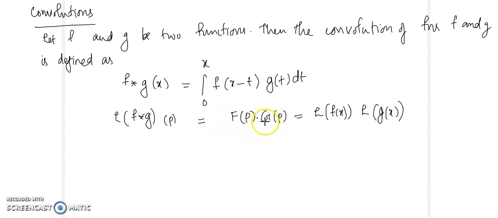And again we will start with f of p into g of p. Then we will show that it is the Laplace transform of f star g. So let us start with f of p into g of p.